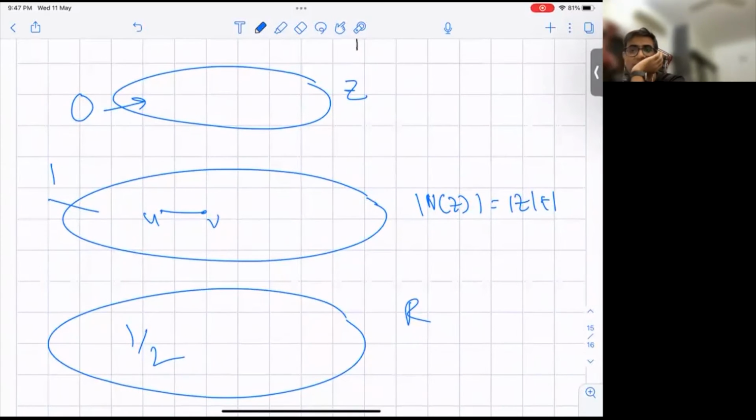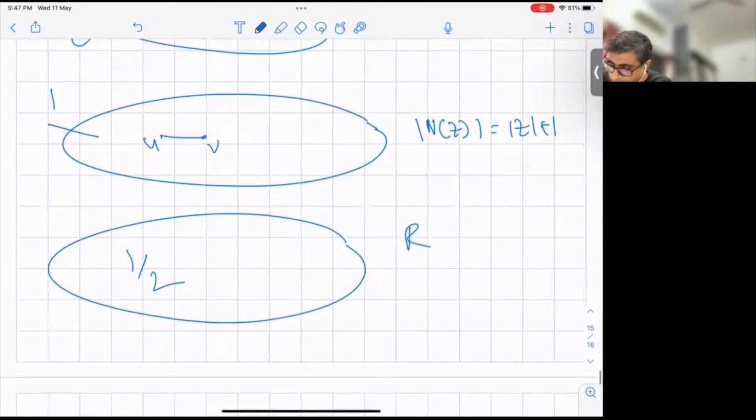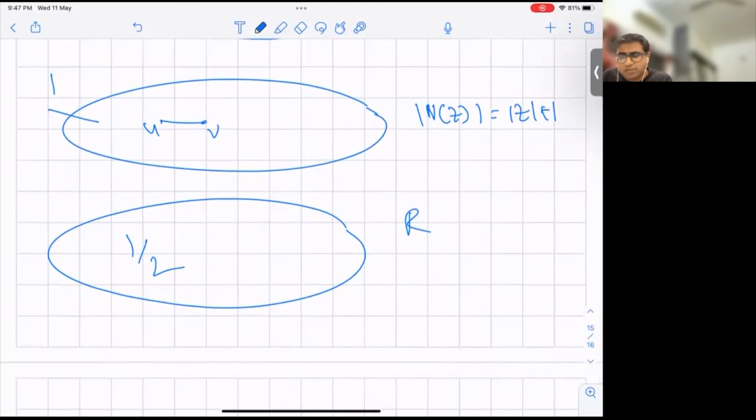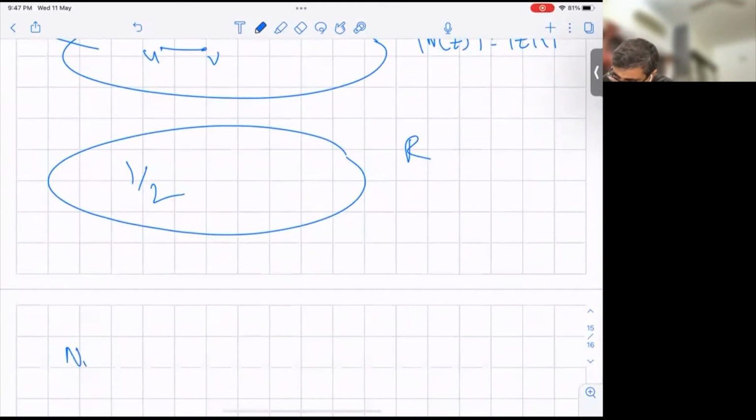So what happens here? Now notice the property of this edge. If I had such a situation and I assign every vertex in this as 1, and 0, and half, I see that this new LP solution, let's call it X prime, is the new assignment, and X is the old assignment.